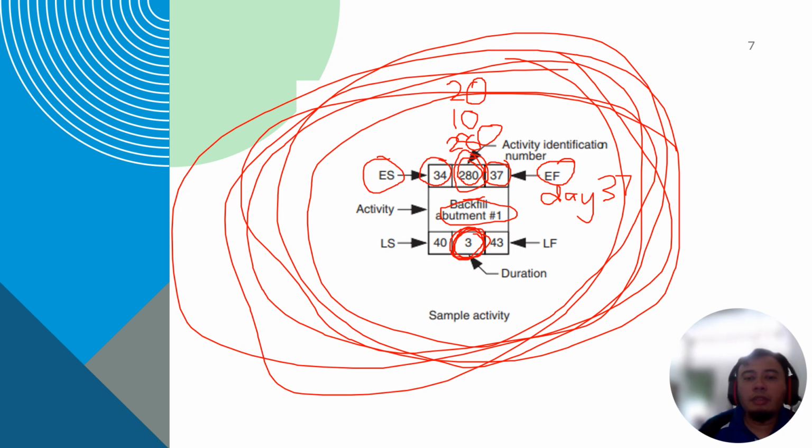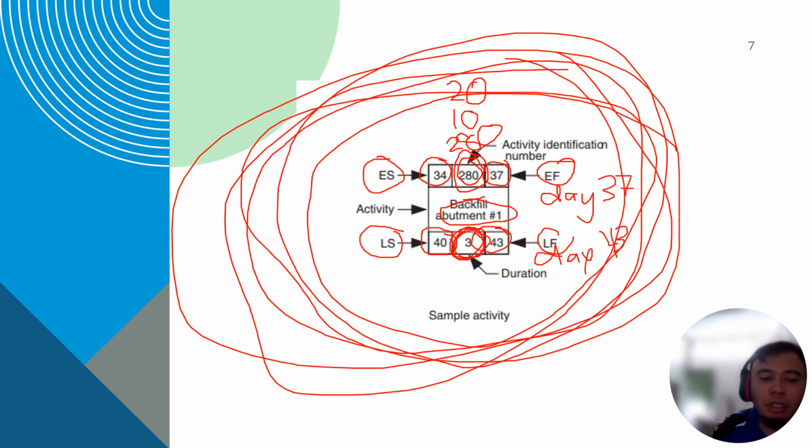At the bottom it is the other way around. This is late start. For example, you have determined it to be 40. So 40 plus the duration of 3 days, you get your late finish. Your late finish will be on day 43.